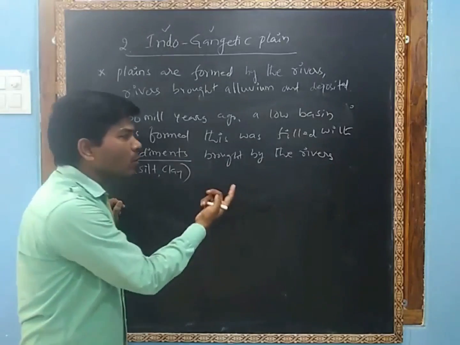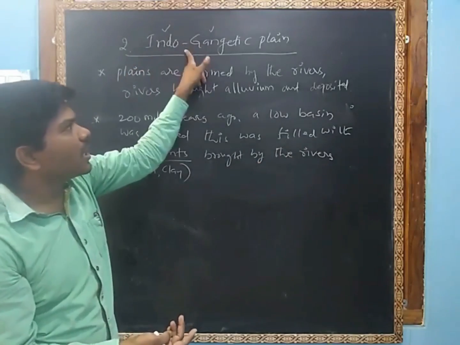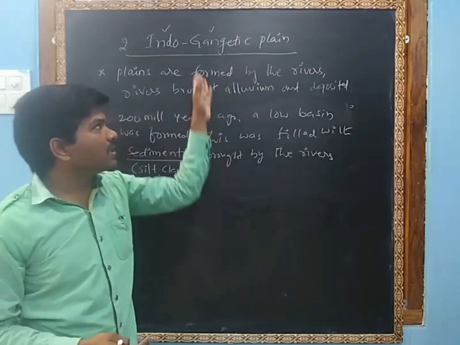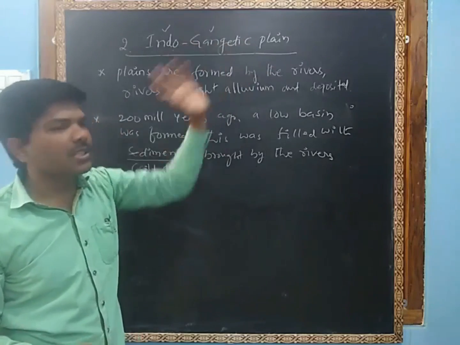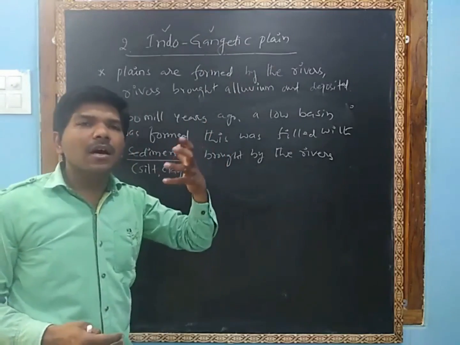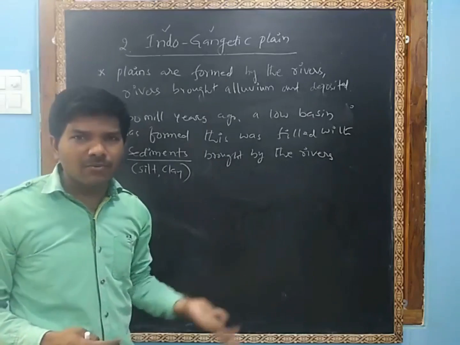Brought by whom? By the Indo-Gangetic rivers. Hence these are called Indo-Gangetic plains. So I hope I am clear how the Himalayas were formed and how the Indo-Gangetic plains were formed.